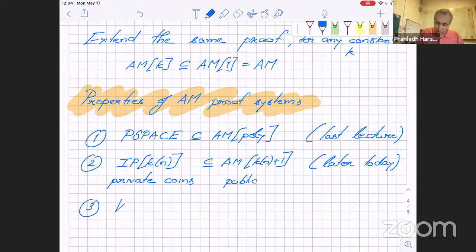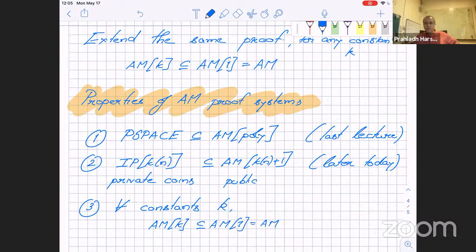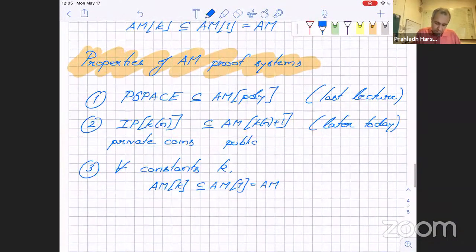Then, for all constants k, AM[k] is contained in AM[1]. That's something I listed just above. And this will be in problem set 4, problem set 5, and then AM[k] has perfect completeness.